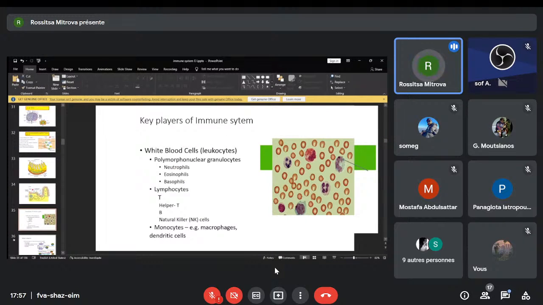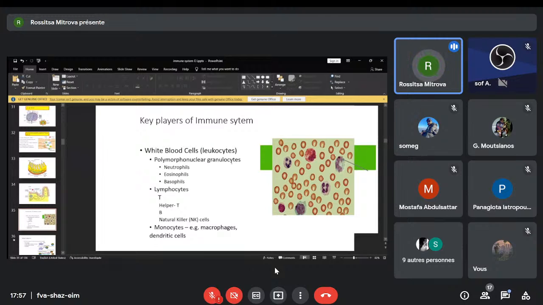The key players of the immune system, like cells, are the white blood cells, leukocytes, and especially the polymorphonuclear granulocytes. When we talk about white blood cells, we mean the group of granulocytes, the lymphocytes, and monocytes.